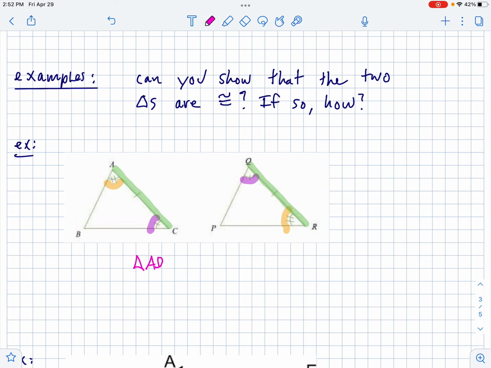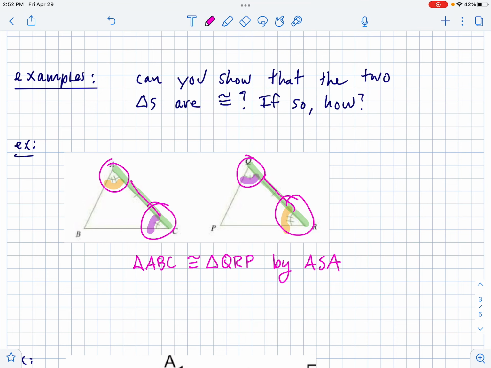So we can say triangle ABC is congruent to triangle QRP. And the reason is because of angle side angle. Because it's angle, then a side, then an angle. It's a side sandwich. Angle, side, angle.